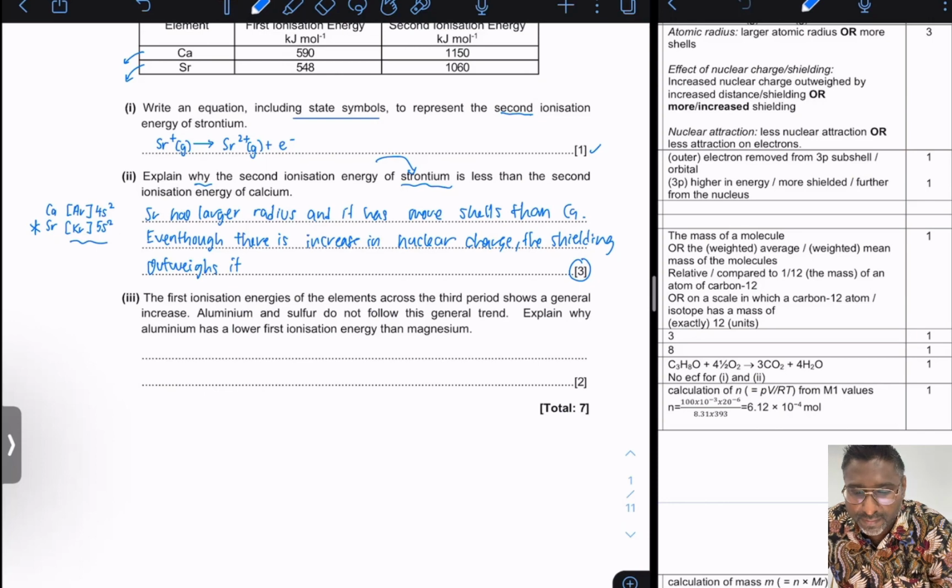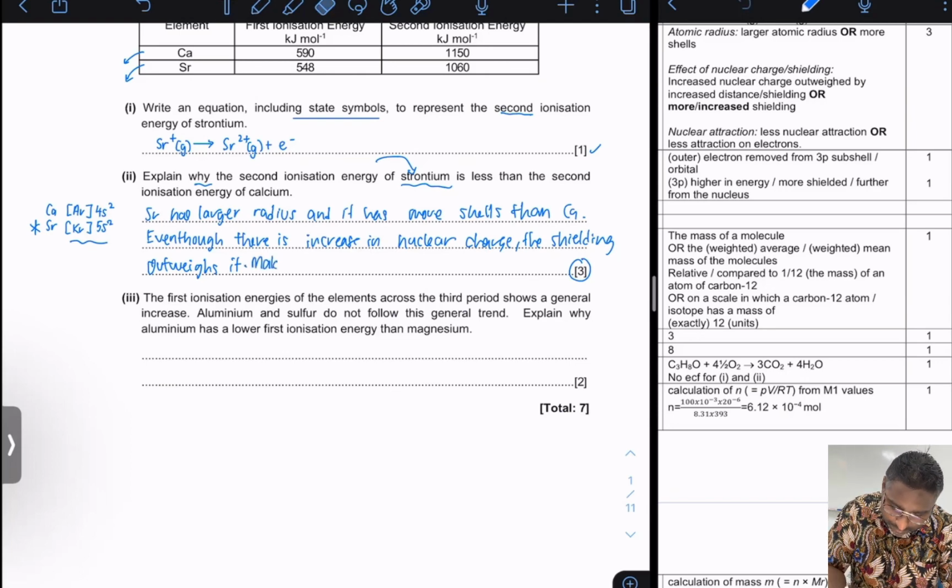When I say it, I mean it outweighs the nuclear charge. Do not simply use the term it. So the shielding effect outweighs the nuclear charge.